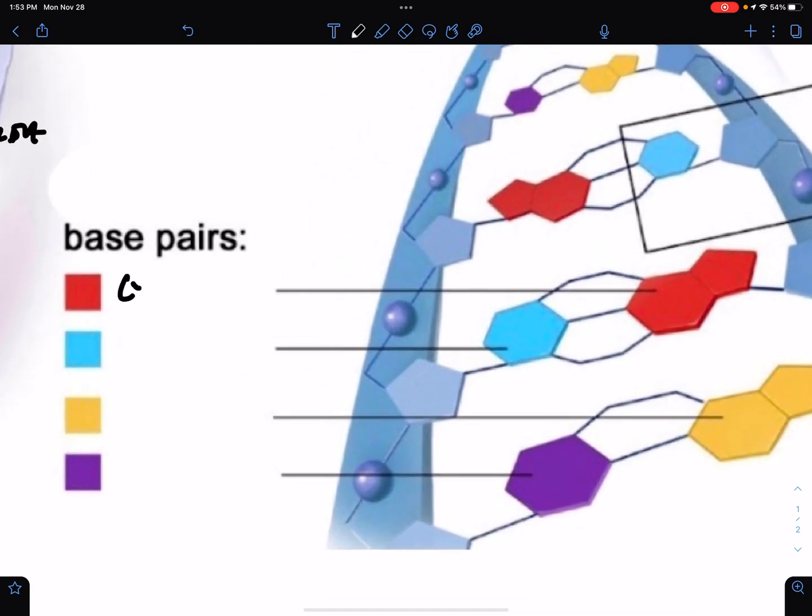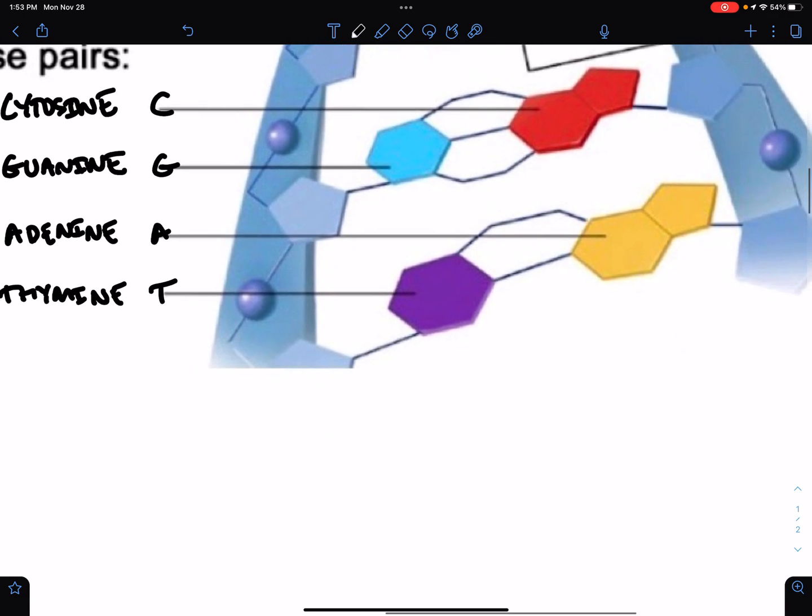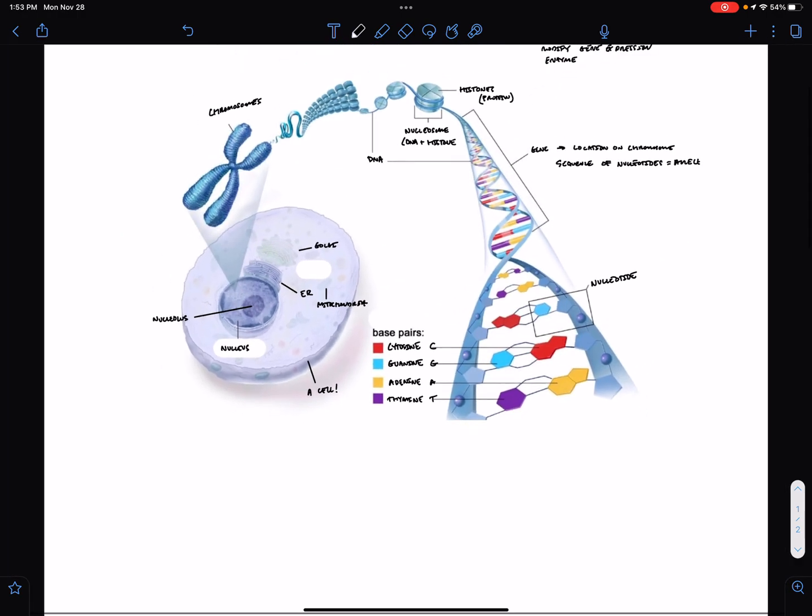We have cytosine, guanine, adenine, and thymine. We often just abbreviate these as C, G, A, and T. I think that was most of what we labeled.